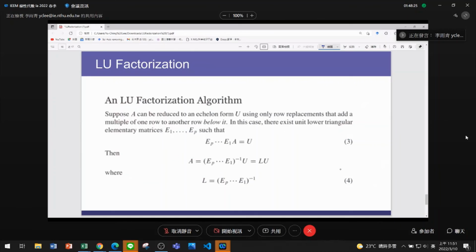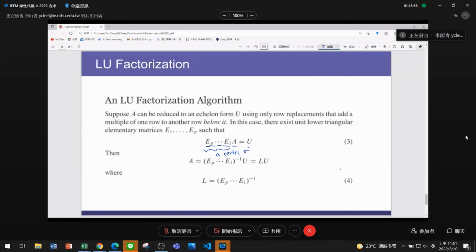Okay, so suppose A can be reduced to echelon form U using only row replacements. And there exist unit lower triangular elementary matrices such that we can write A, running a series of row operations.